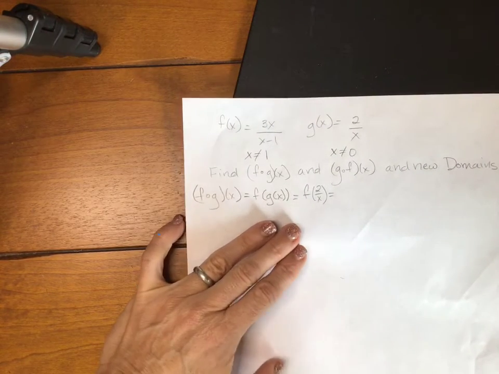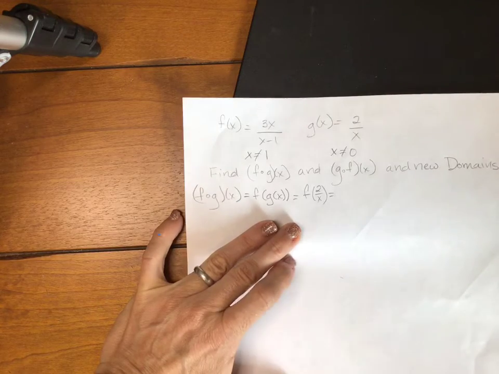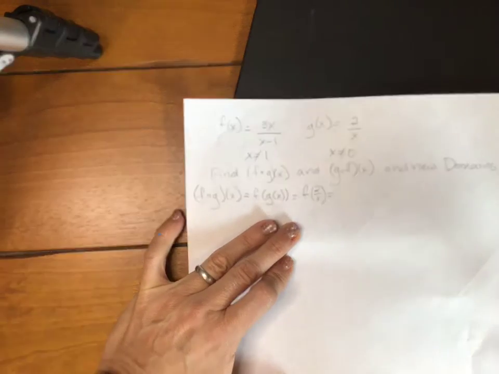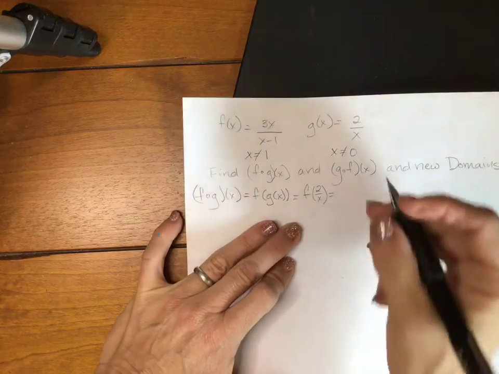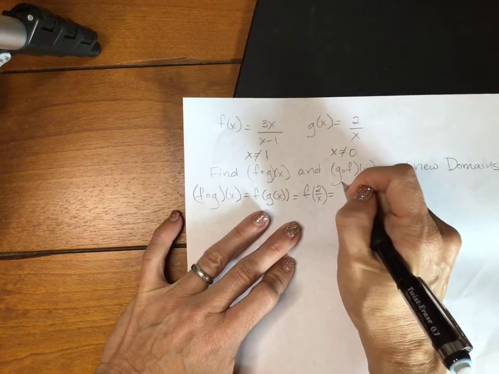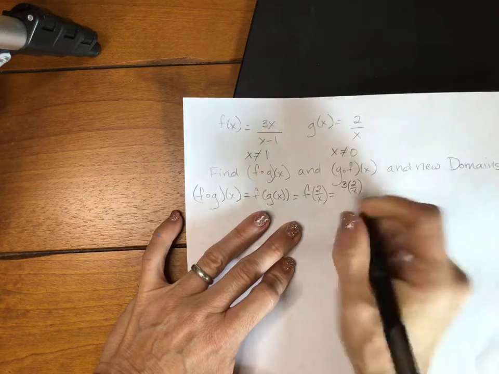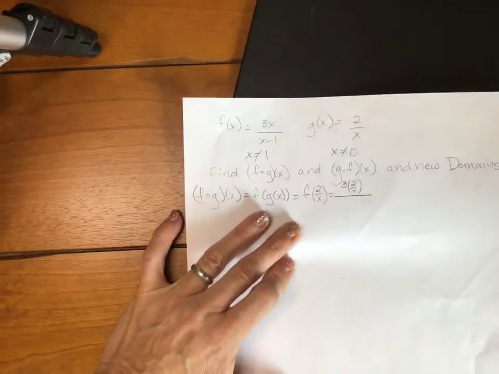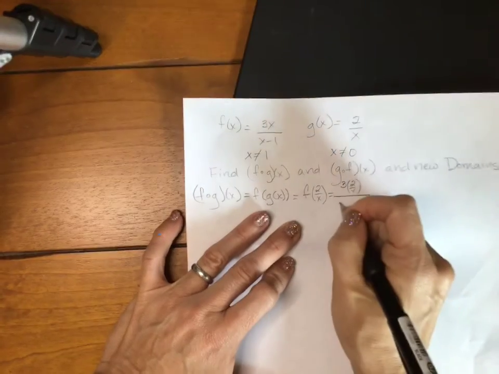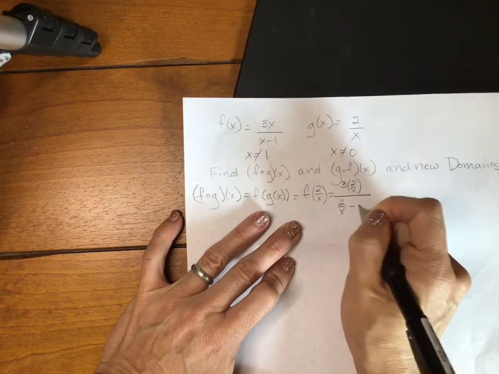So I'm going to have small fraction bars and larger fraction bars to denote my original numerator and my original denominator. So in my original numerator, I'm going to have 3 times 2 over x, big fraction bar, all over 2 over x minus 1.